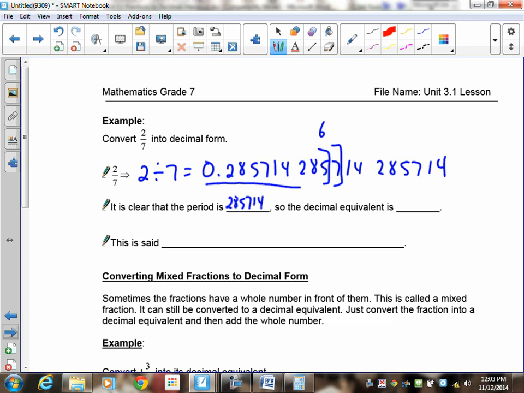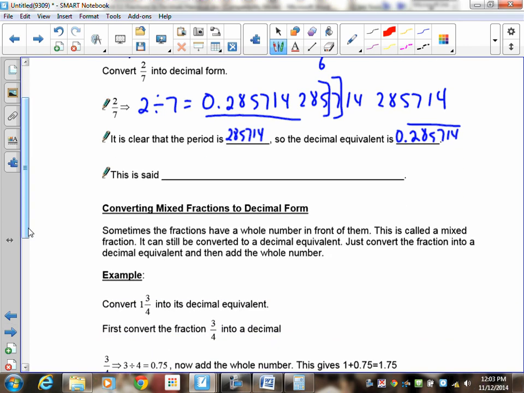So as a decimal equivalent, you're going to put the 285714 and put the bar over the 285714, all of it. Now, how do I write this down? This is 0.285714 repeating. That's how you would say it.